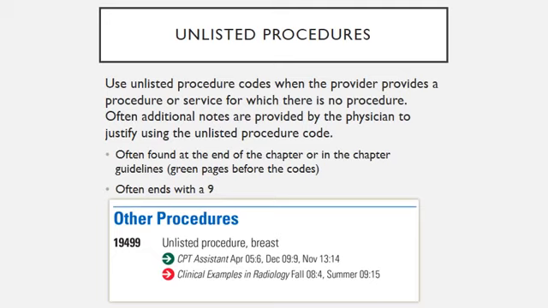These unlisted procedures often end with a 9. And at the bottom of your screen, you'll see an example. At the end of the integumentary section, in the breast skin section, you see your unlisted procedure code.